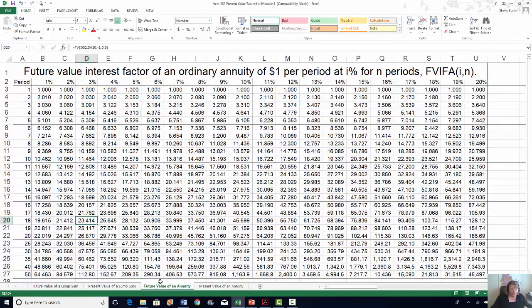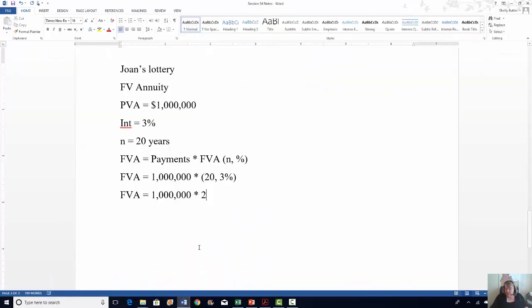No. Future value of an annuity. Oh, I was on the wrong line. That's misleading. See where my 20 is there? 20 should be down here. It's on line 22. Okay. 20 periods, 3%, 26.870. So that's what we need to put in there.